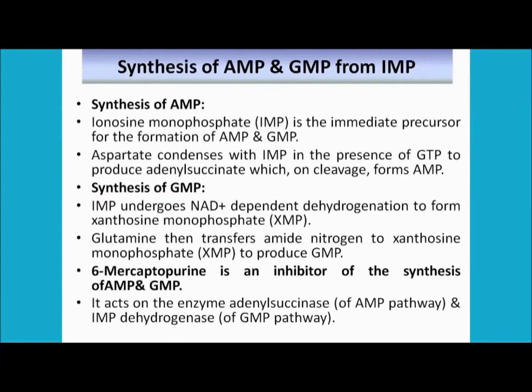Basically, this mercaptopurine acts on the enzyme adenylosuccinate synthetase of the AMP pathway and the IMP dehydrogenase in the GMP pathway. So if somebody asks you where 6-mercaptopurine acts, you can say it acts on adenylosuccinate synthetase of the AMP pathway and IMP dehydrogenase of the GMP pathway.